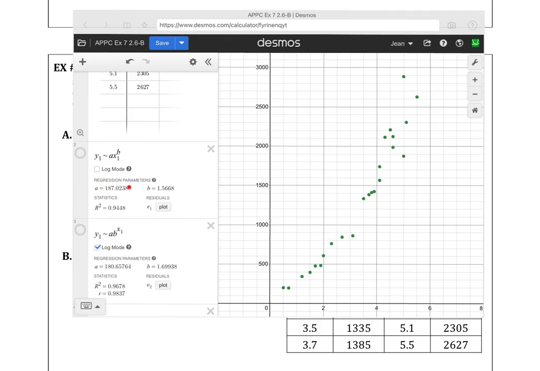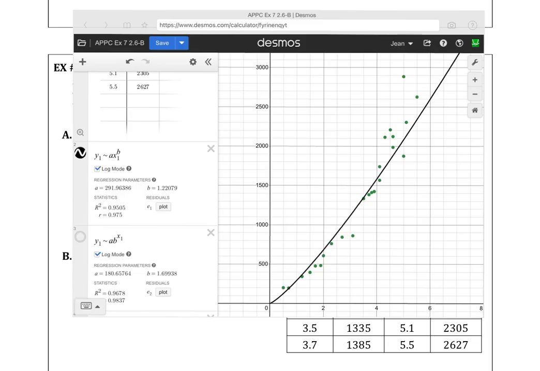Now I get regression parameters right here, and I notice that the r squared value is 0.9448. But if we enter into the log mode, so if I press the log mode here, you notice that the r squared value is a little bit better approximation.